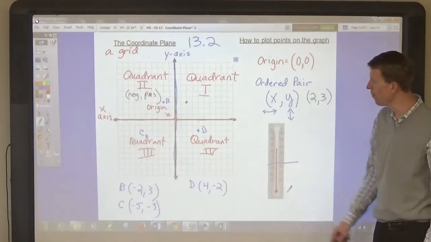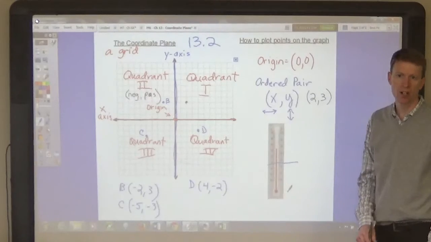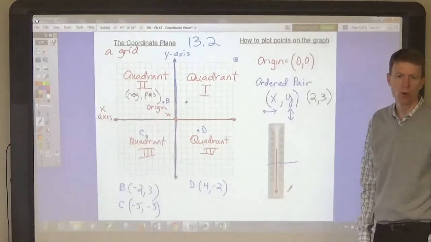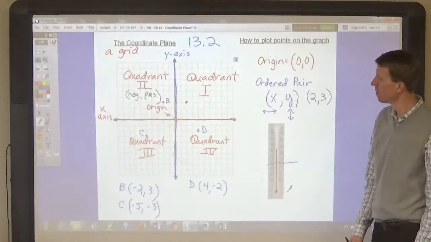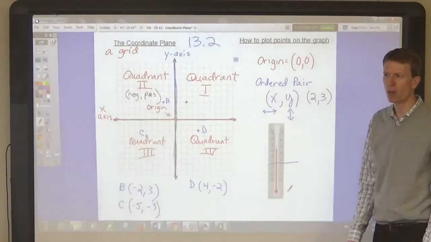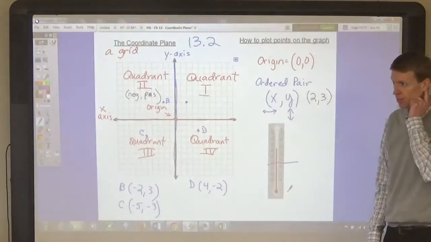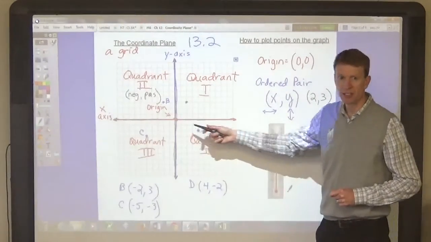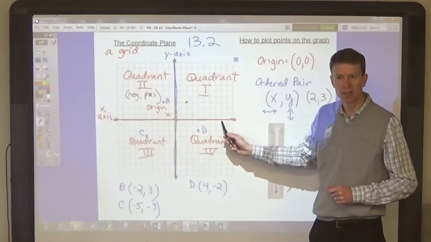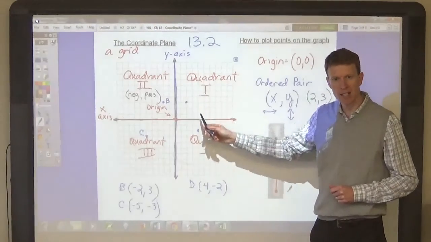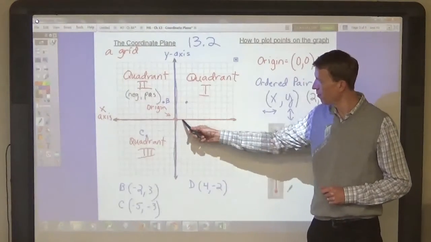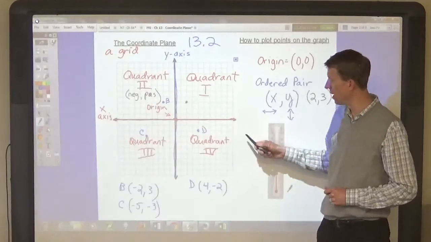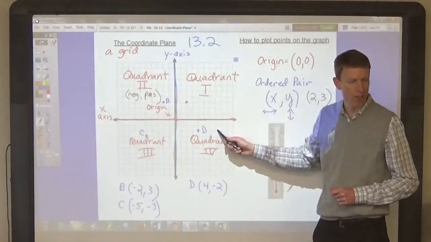Okay? So if you were graphing, for example, the temperature in January at noon was -5 degrees. Let's say that we had to graph that as a temperature. We set up our x-axis, you could set up the x-axis as the time, and the y-axis as the temperature, and then go over 12 and down 5 to show a temperature of -5 degrees at noon.